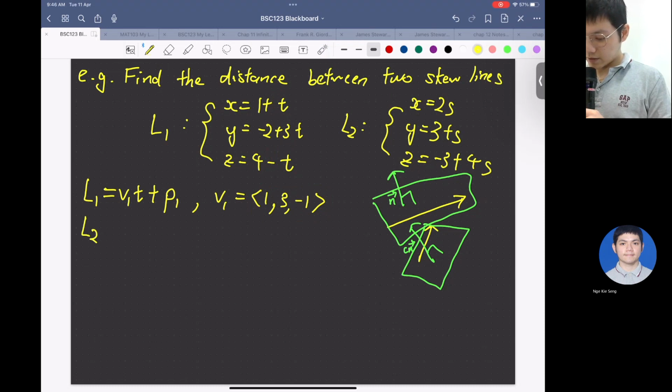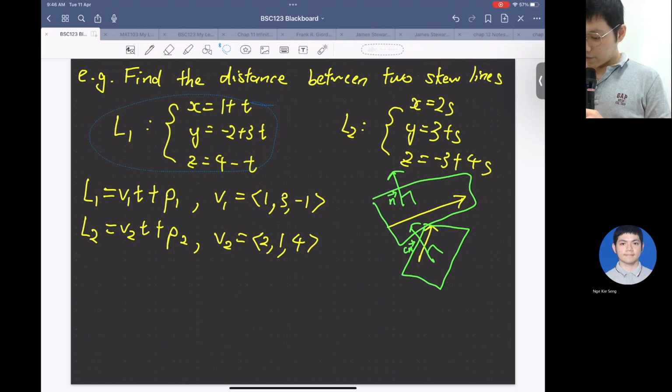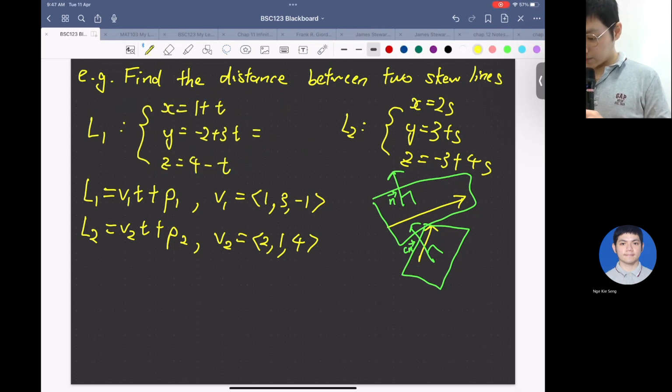L2 has V2, which is 2, 1, and 4. Right. So really, you should remind yourself of the solution to the homogeneous equation here.